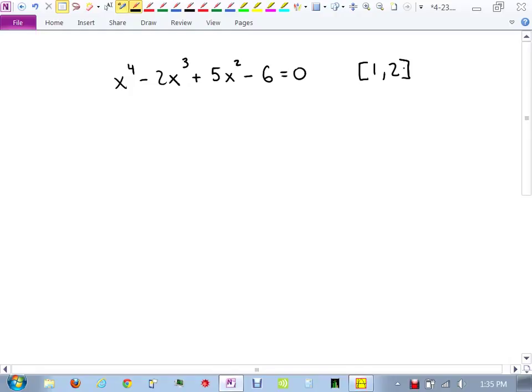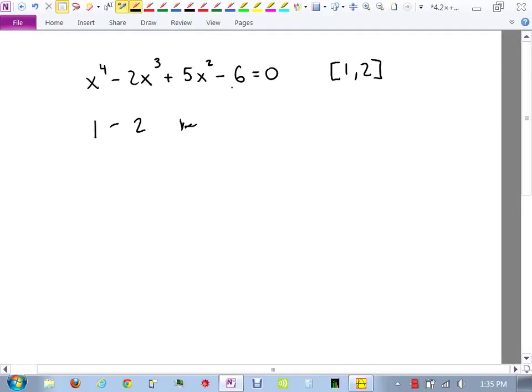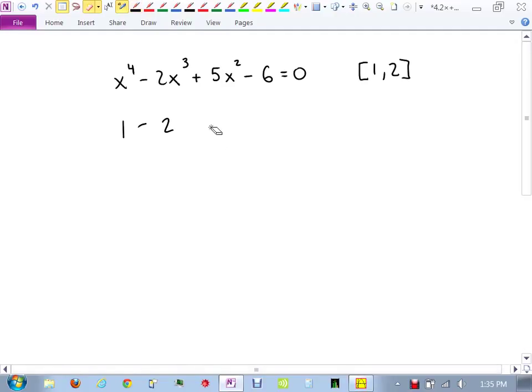How do we know that it has an answer between 1 and 2? Plug in 1. What do you get if you plug 1 in right now? 1 minus 2 plus 5 minus 6, which is what? Negative 2?